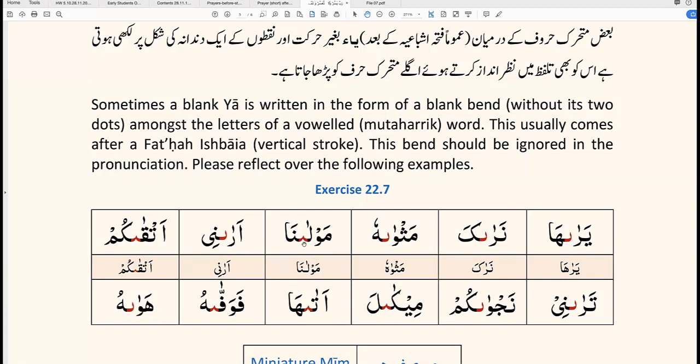Basically, you just ignore it completely, same as the blank waw. So, for example, here, you would read ya, ra, ignore this, ha. Yara, ha. And it's as simple as that. If you see this sort of a shape, and it's got no dots, no stroke, it's a blank bend, and you ignore it.